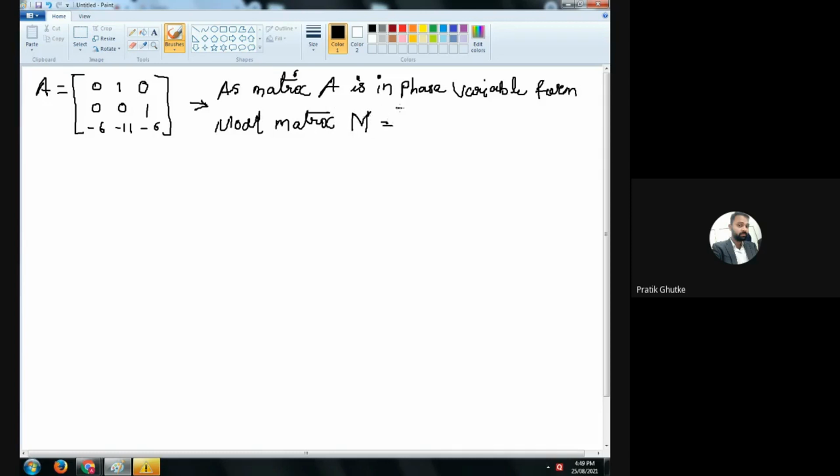It would be equal to capital V matrix. What is the V matrix?